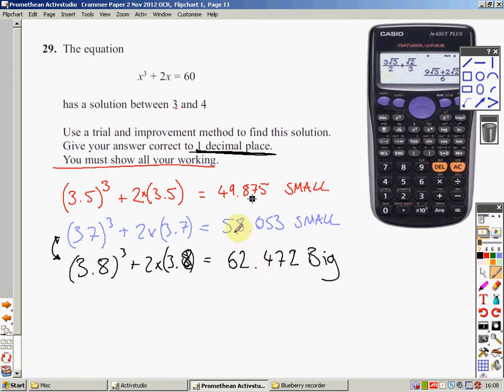So you could just say it's 3.7. However, they like you to calculate a middle point, and I'll do that in orange. So halfway between those two is 3.75. So I now do the same calculation with that, plus 2 times 3.75. Just going to go to my replay. 3.75.